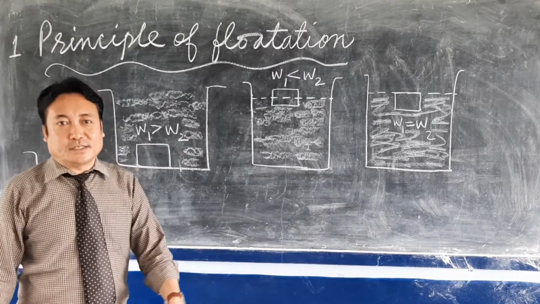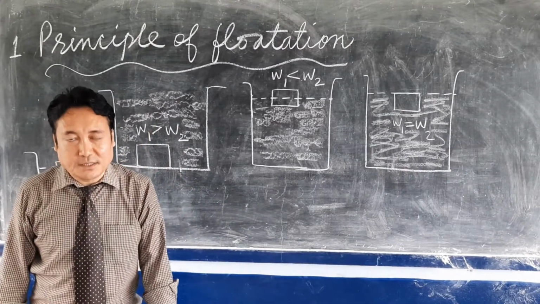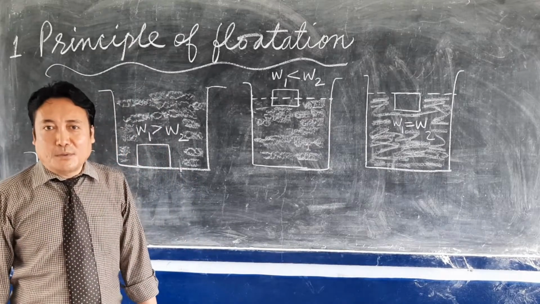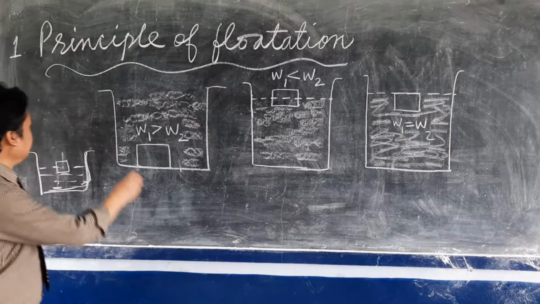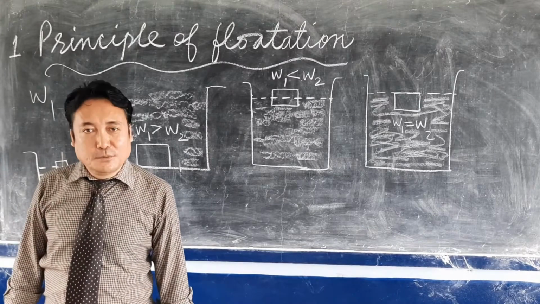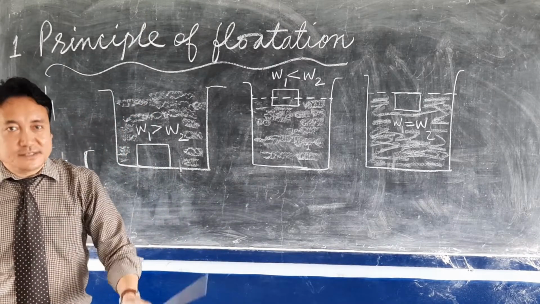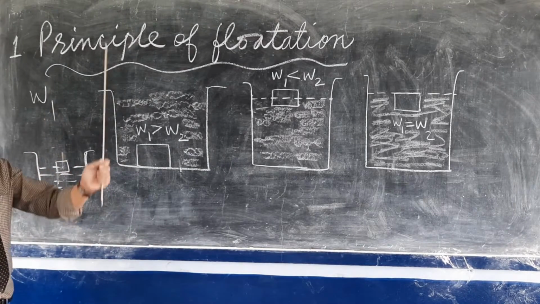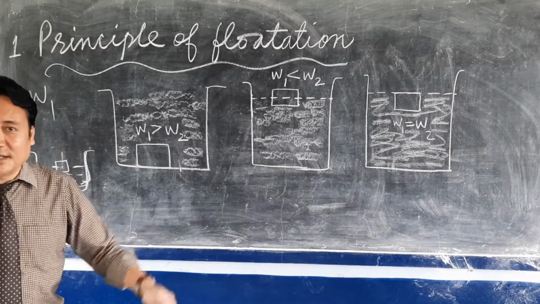Now, when the body floats or is immersed in a liquid or water, two forces act on the body. Number one is the weight of the body, W1, which acts vertically downwards.